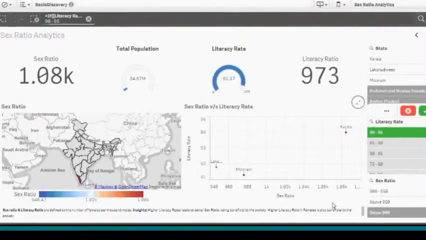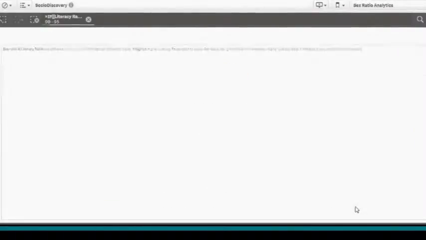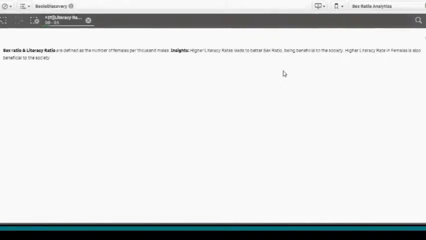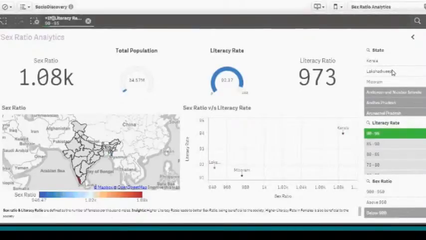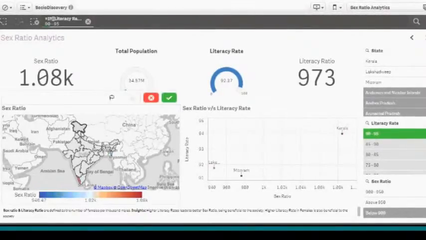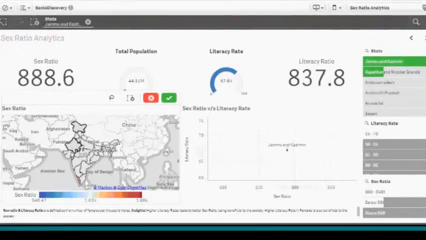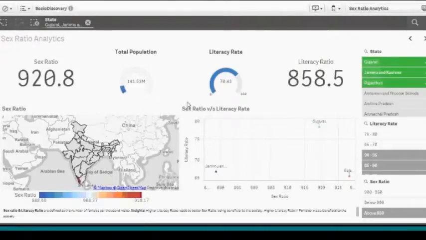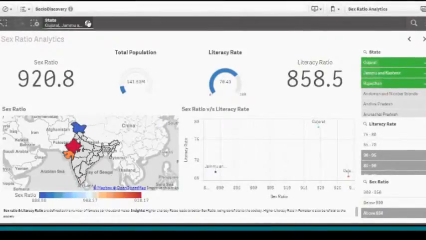So we can see that literacy is very important in terms of the society, and high literacy rate leads to better sex ratio, which is beneficial to the society. As you can see around here, you can also play around with the data over here and move on. Moving on, I'll clear out the filters.